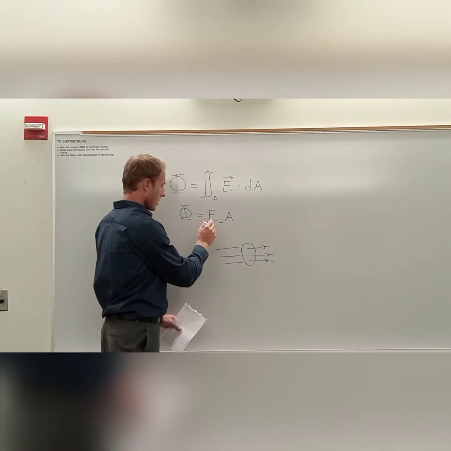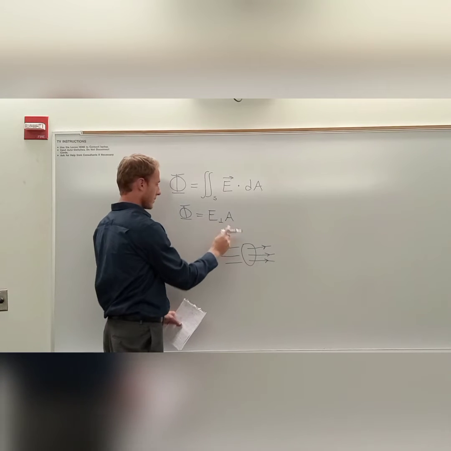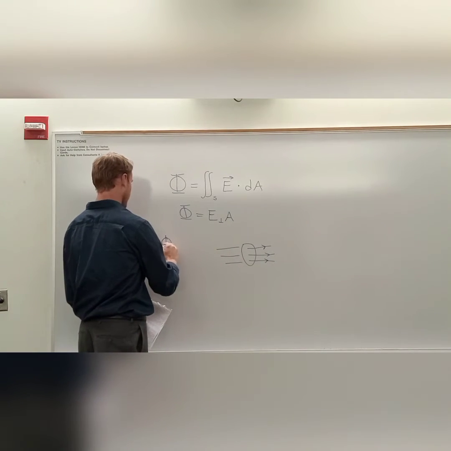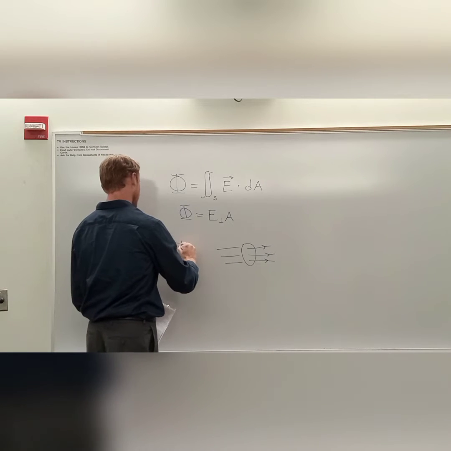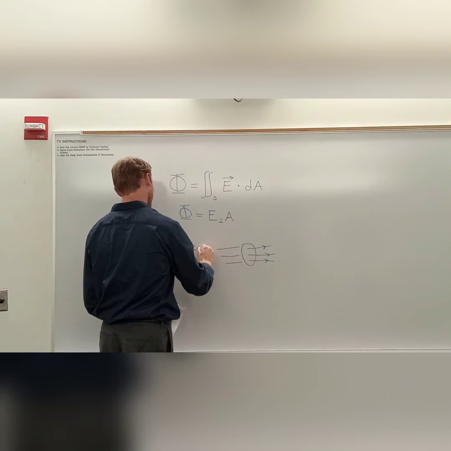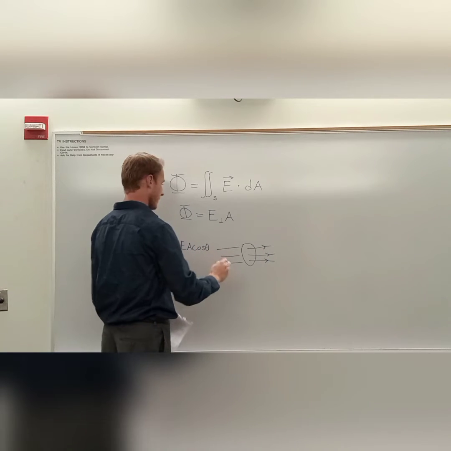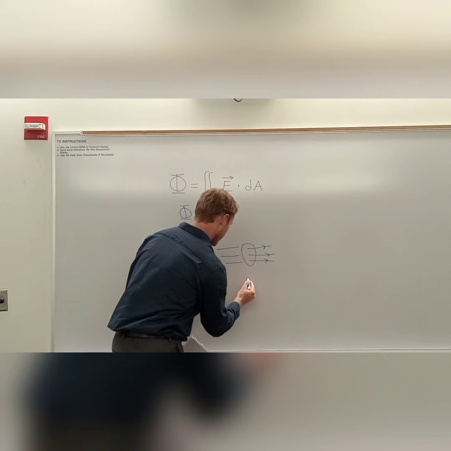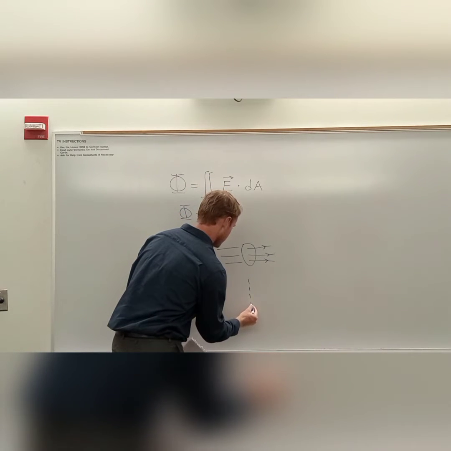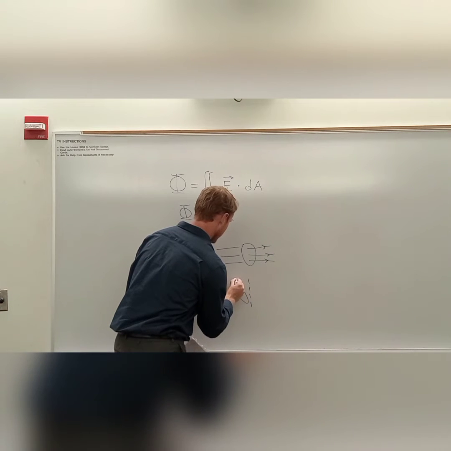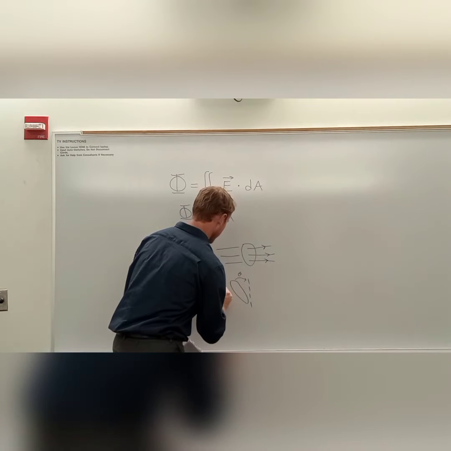So if you're not perfectly perpendicular, we have an expression phi as E A cosine of the angle with respect to the vertical. So if we have our charge, or our ring, tilted to the vertical, this angle right here is theta.